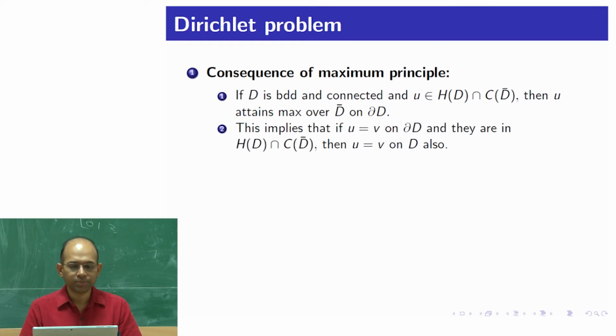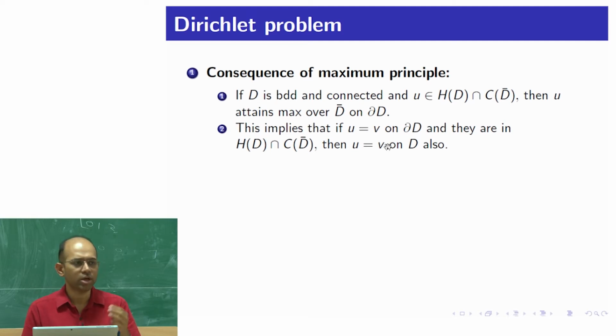So this implies that if U and V are two harmonic functions on D, both continuous on D closure, and they coincide on the boundary, then the maximum principle dictates that U should coincide with V on the domain itself.